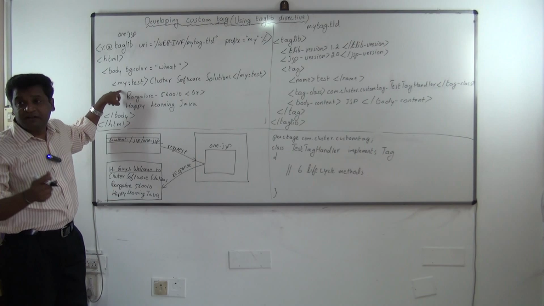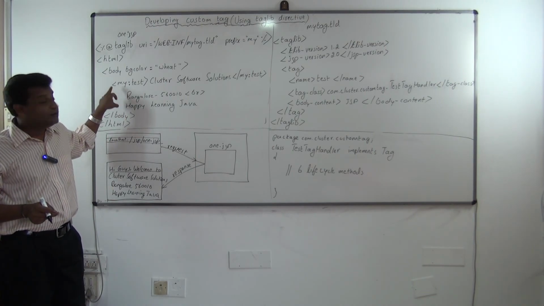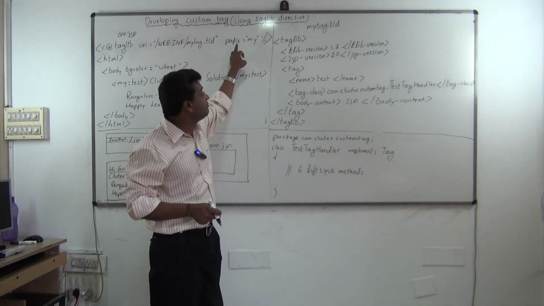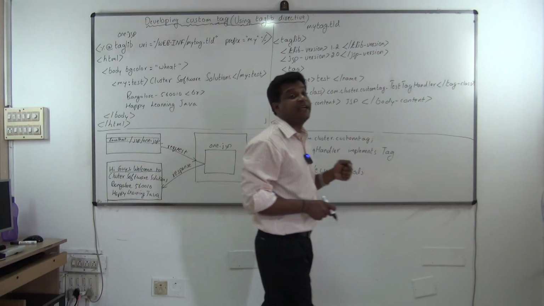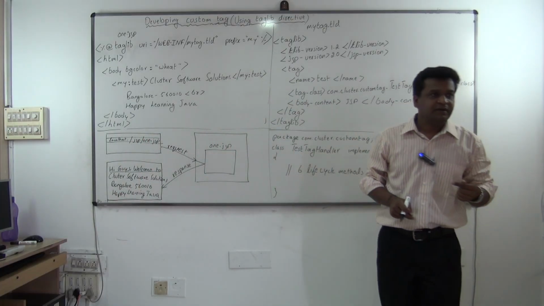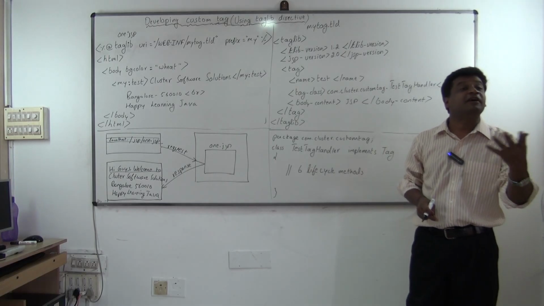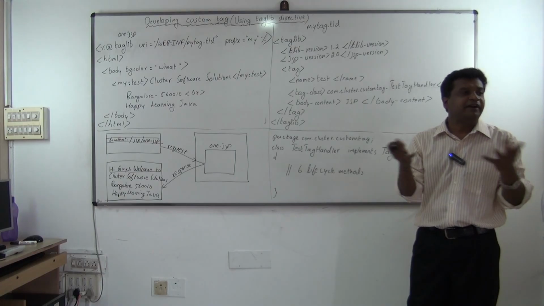Whenever a tag is encountered, the container takes the prefix. Once it identifies the prefix, it's easier. The prefix is my, so for the prefix my, it will go to one TLD file. TLD means taglib descriptor file, a tag library descriptor. We are creating a library of tags; we can write many tags and create one library.